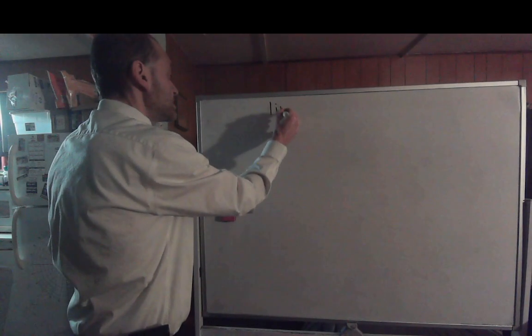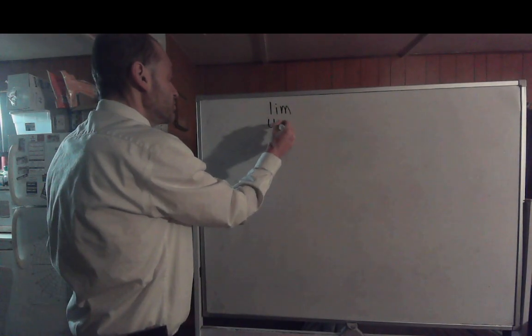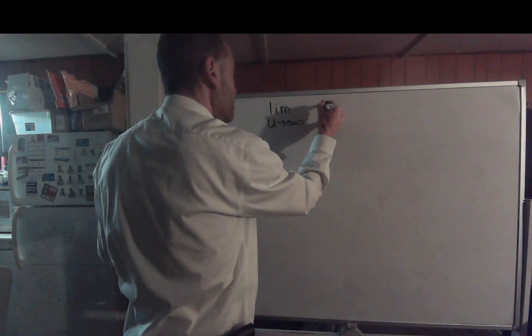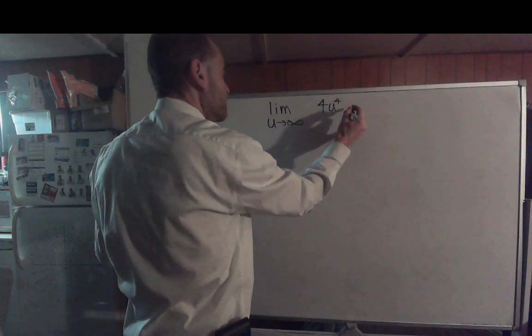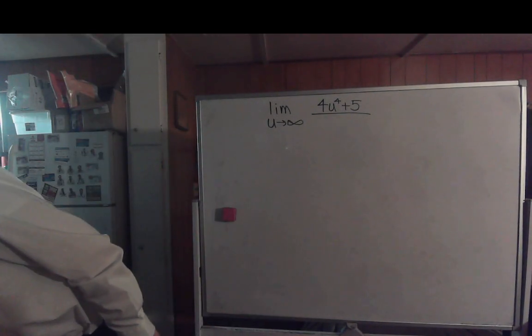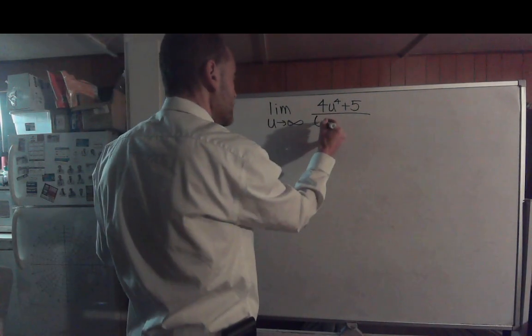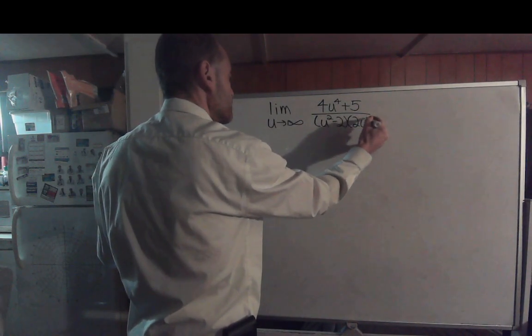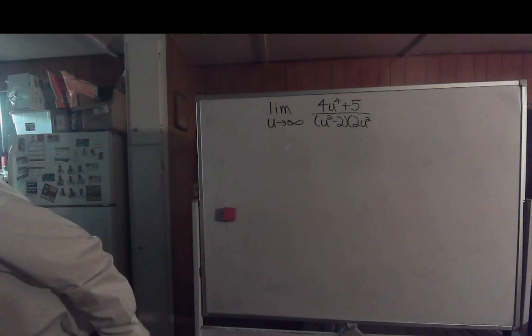Alright, now what if I have something like this? The limit as u approaches infinity of 4u to the 4th plus 5 divided by the quantity of u squared minus 2 times 2u squared minus 1.